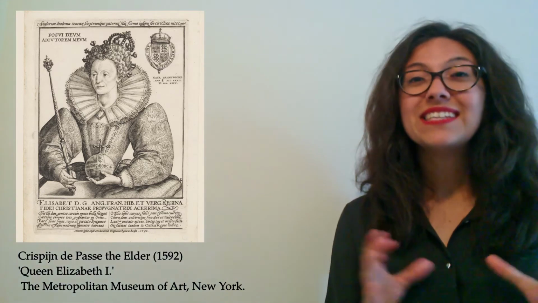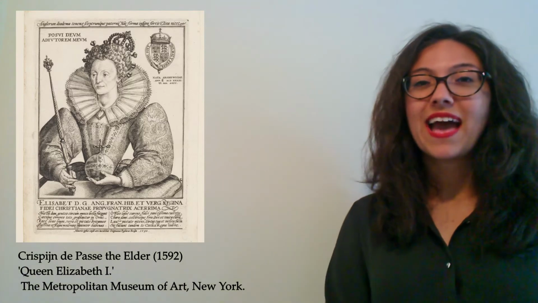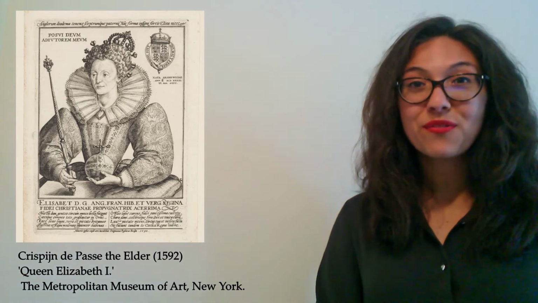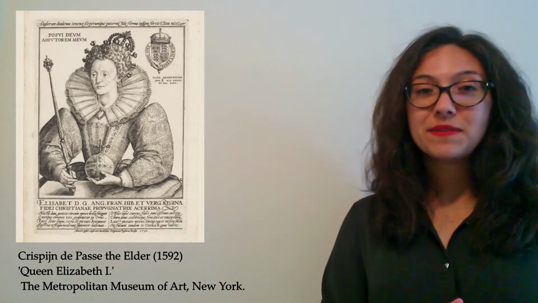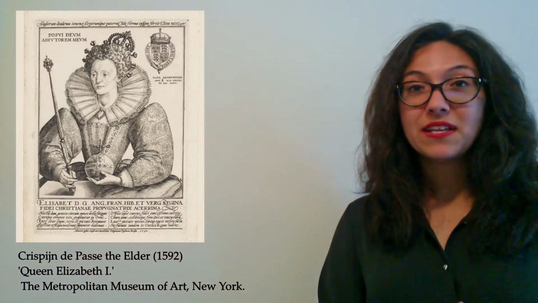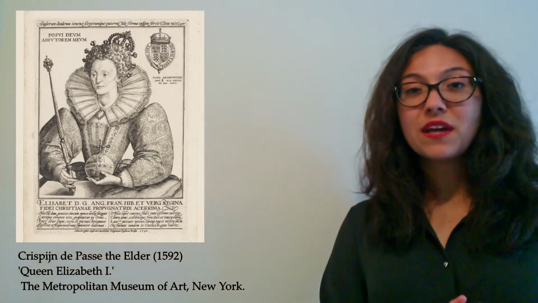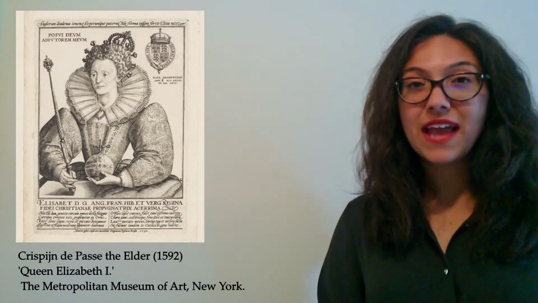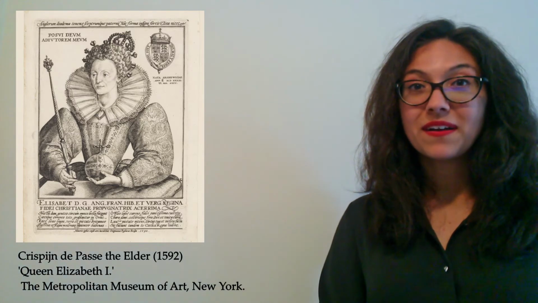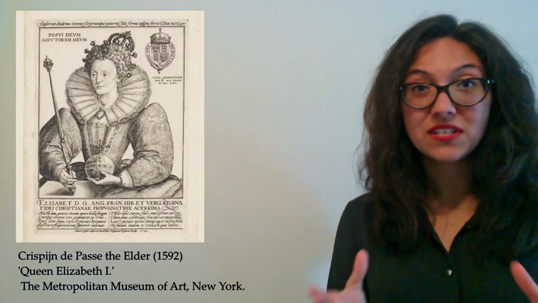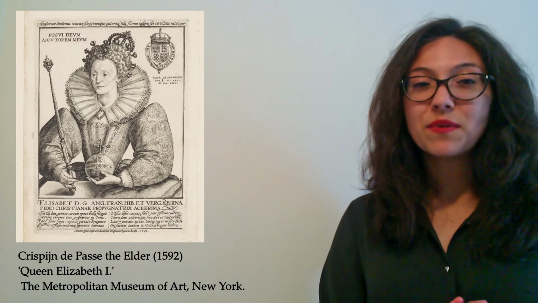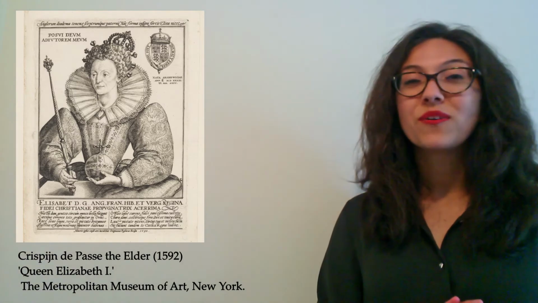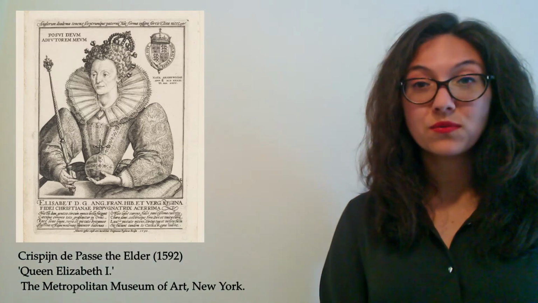So it is fairly clear that we are looking at a picture of a queen, and it is Queen Elizabeth I. Now, this is an engraving, a print which has been made by cutting an image into a plate of metal, then covering it in ink and pressing it flat onto paper to create an impression, an engraving. And it was made when Queen Elizabeth I was 59 years old.